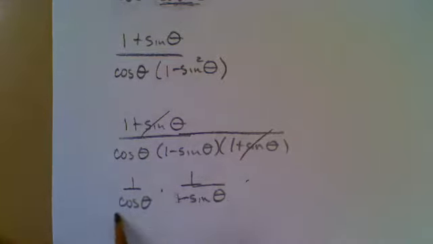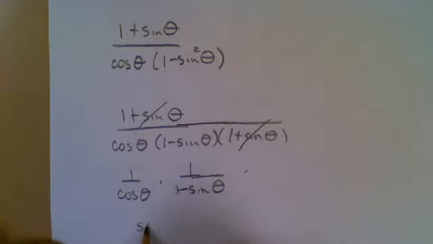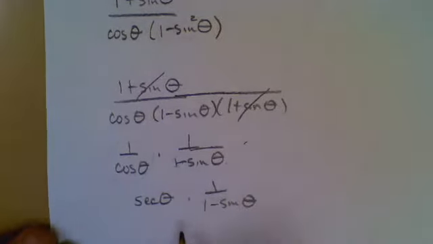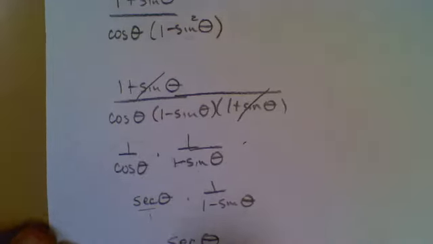Now when I look at this, 1 over cosine is the secant, so I really have the secant times 1 over 1 minus sine. You don't really have to show me that step, but I want to make sure everybody sees what I did. So it's really secant over 1, times 1 over 1 minus the sine, and when I put them together, I get secant over 1 minus sine.